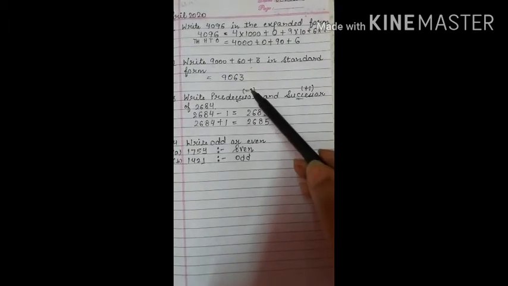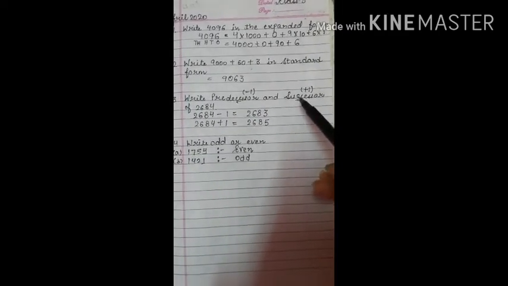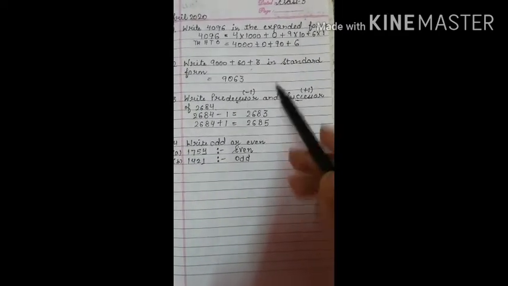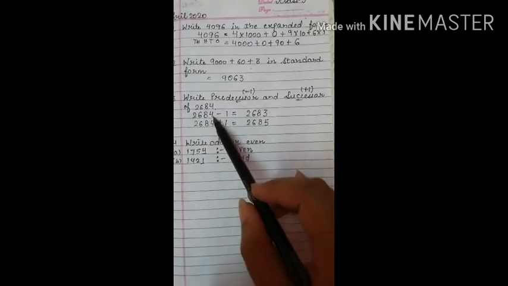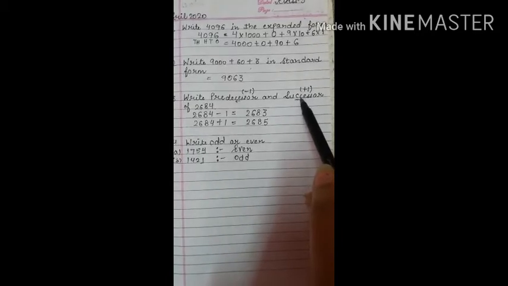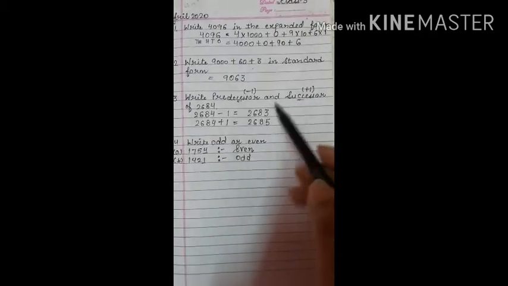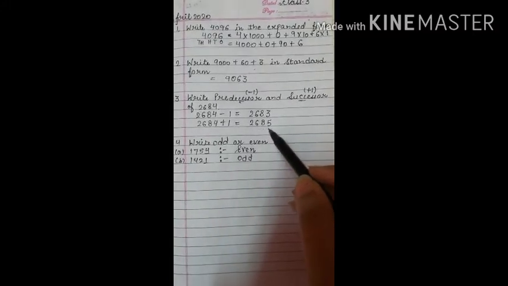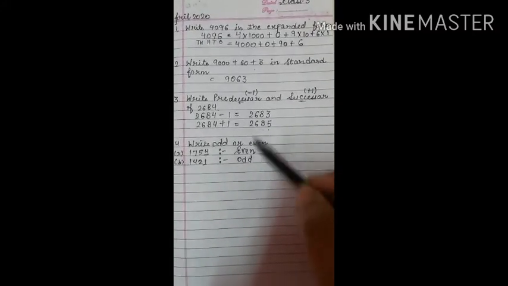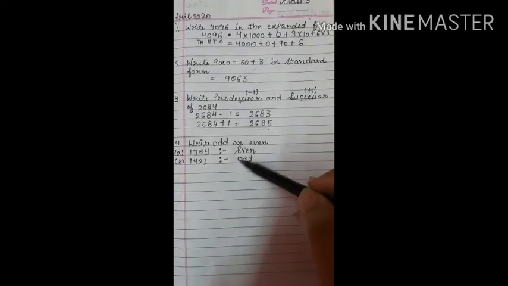In question number 3 we have predecessor and successor. Predecessor is minus 1, before, and successor is plus 1, after, meaning predecessor is the number that comes just before this number, and successor is the number that comes just after this number. So that is 2685. And in the last question we have discussed whether the number is an odd number or even number.